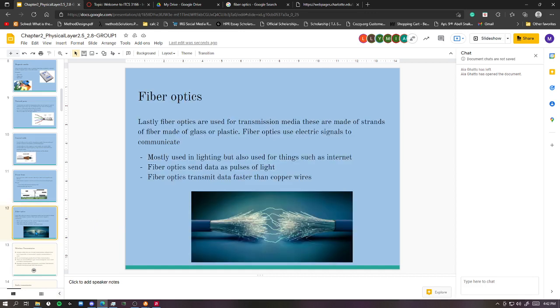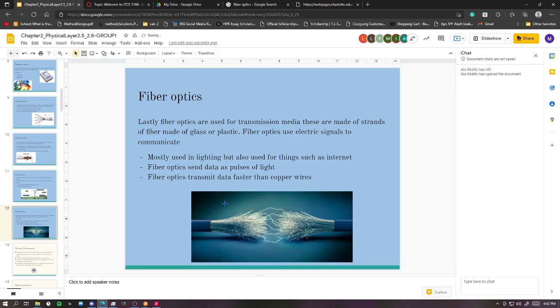Lastly, we have fiber optics. These are made up of strands of glass or plastic that are made into fiber. As you can see here, these are strands of glass in this image specifically.